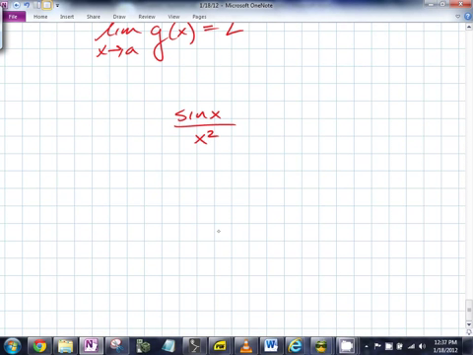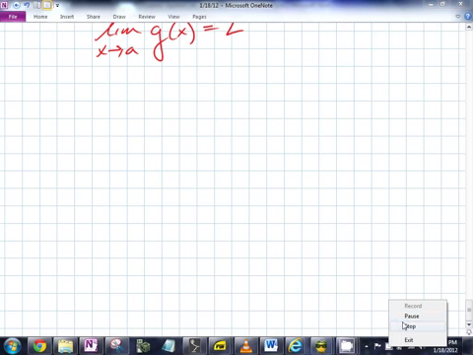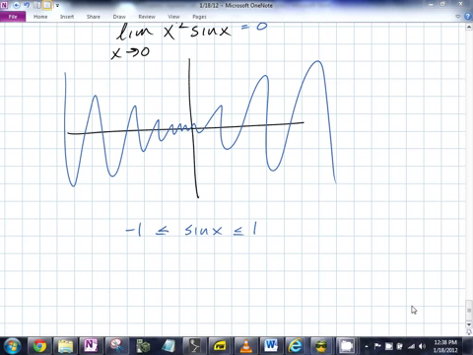Is x squared always positive? Yes. So I'm going to multiply by x squared. I get negative x squared less than or equal to x squared sine x less than or equal to x squared. Do you agree that that has to be true? All I did was multiply by x squared. That's still true.